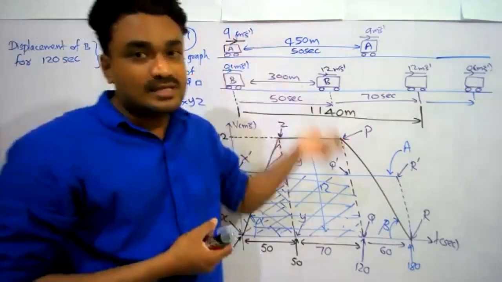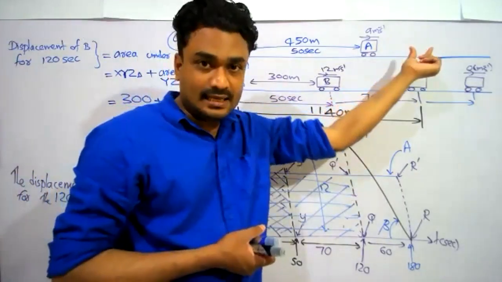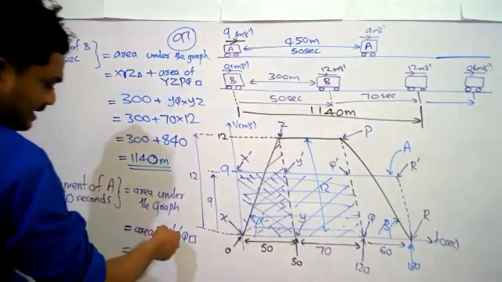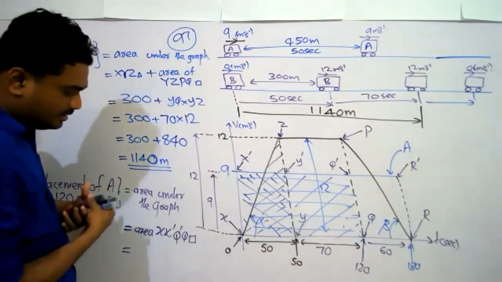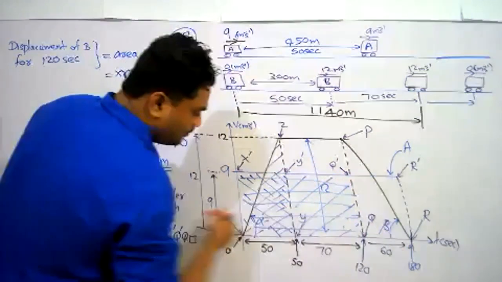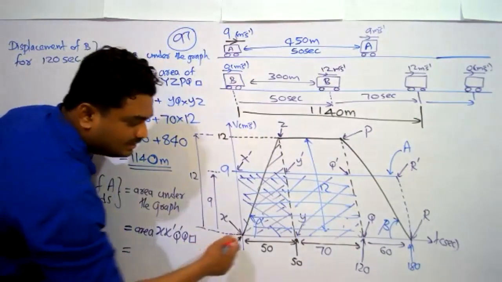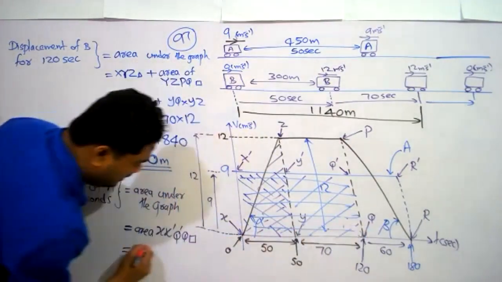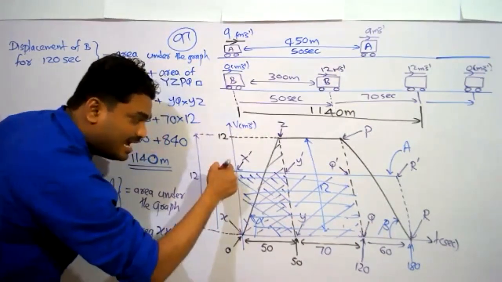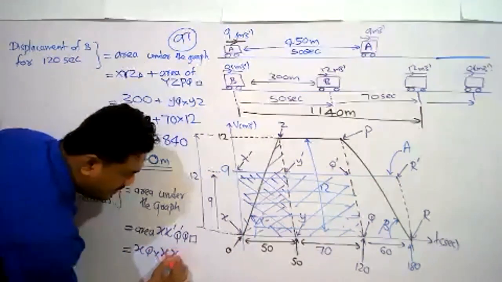And after 120 seconds, where will A be? So we have to find this displacement, right? The area of the rectangle x dash, q dash, q is length into width. Length is x cube, width is x dash.